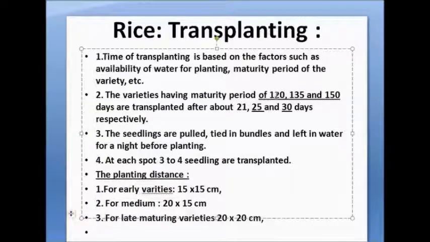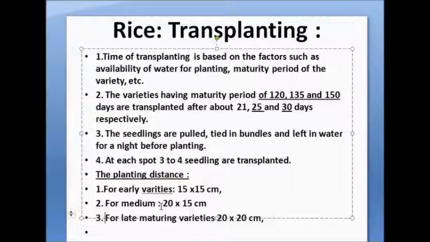Early variety, just we have studied, if the duration is 120 days, then it is early variety. If the duration, means life period of rice variety, is 135 days, it is medium variety. If the duration is 150 days, it is a late variety. So in early variety, transplanting distance should be 15 by 15 centimeter, means row to row 15 centimeter, plant to plant 15 centimeter.